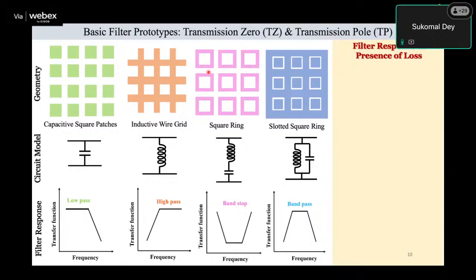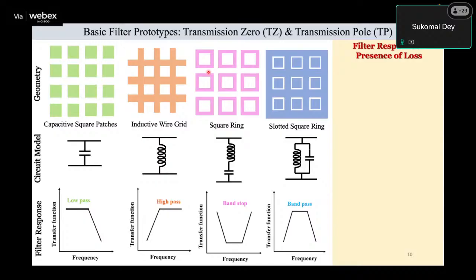Now, when you are making a filter, not only FSS but for any conventional PCB substrate, first you make the resonator. Whenever you define the resonator, ideally speaking, what kind of response do you want from it? You want it to be like an impulse response, a very sharp peak.